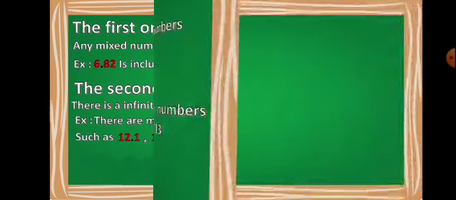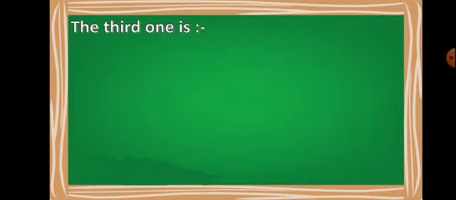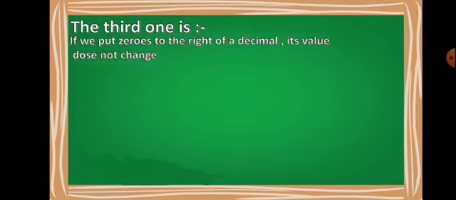The third one is: if we put zeros to the right of a decimal, its value doesn't change. What does it mean? The example will explain this.